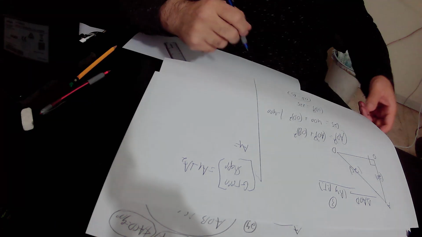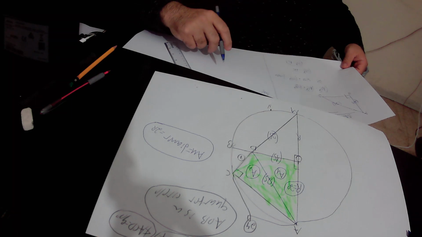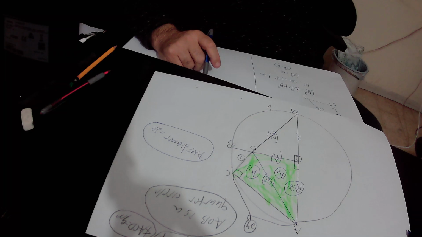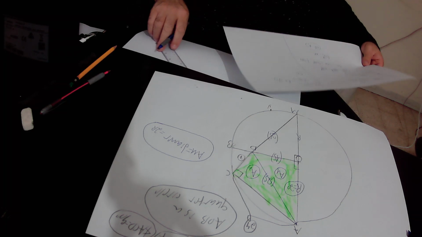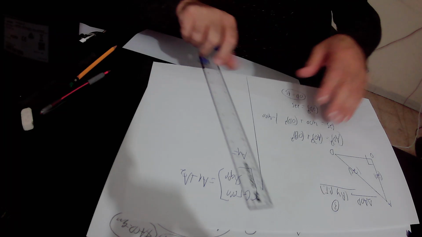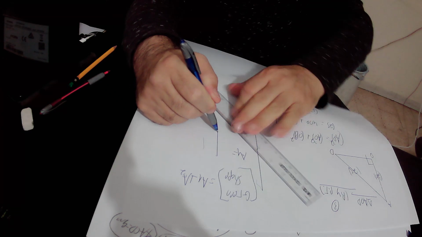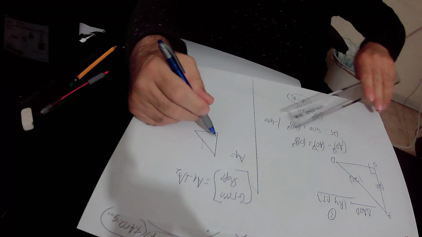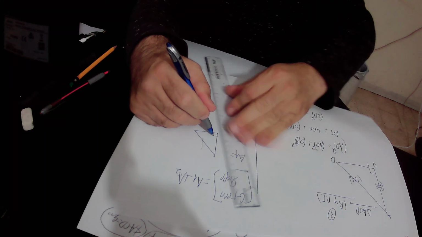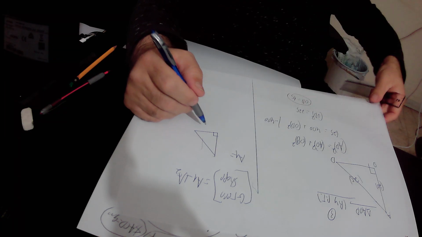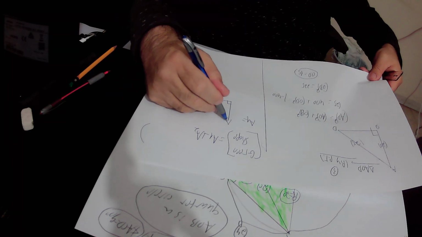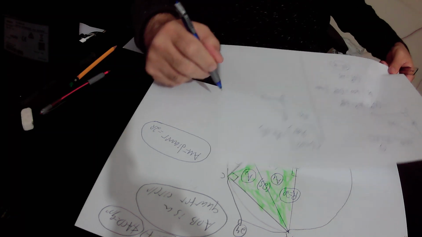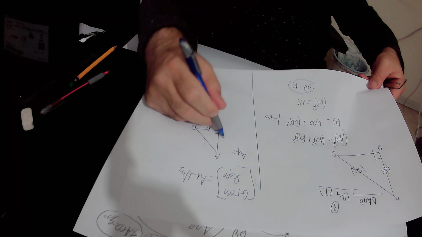A1 is the area of the right triangle AOD. OD equals 15, AO equals 20.